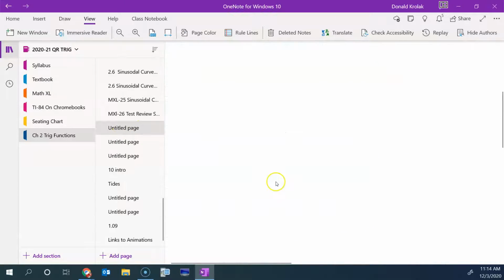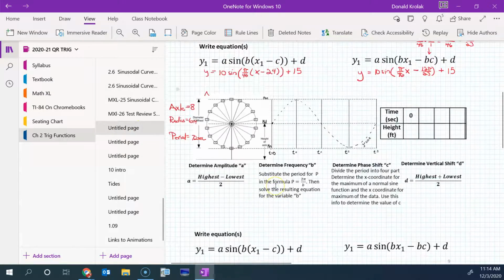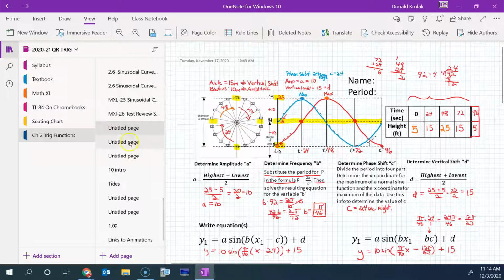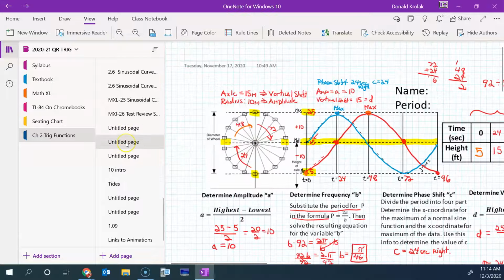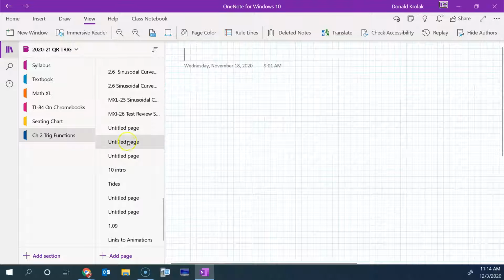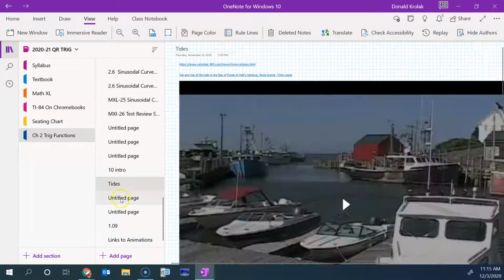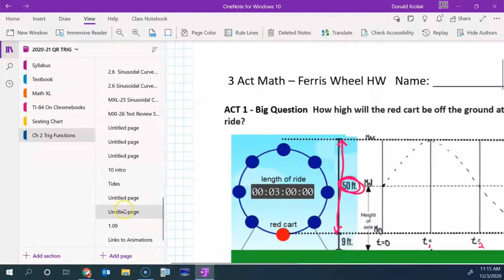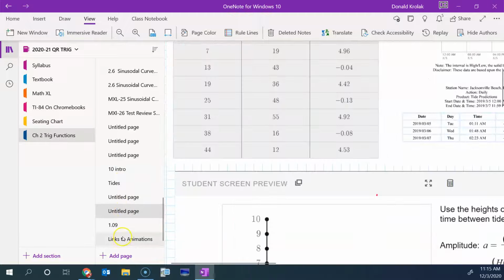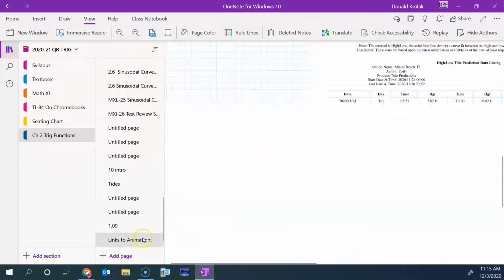Any questions on how to get that? Say that again? Go over it? Okay. To find the period is from corresponding points. So 2 high points, 2 low points.